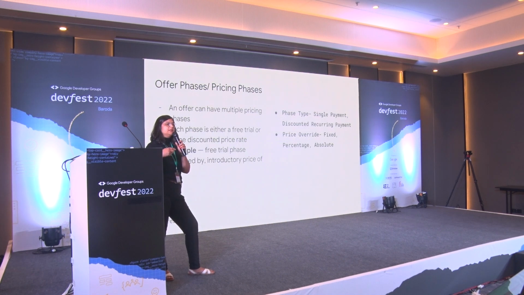So you can have an introductory price of, let's say, 20% discount, so that your users can still use your application at a much lesser amount, so that they can get a complete hold of your app.